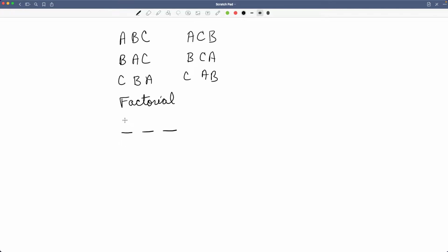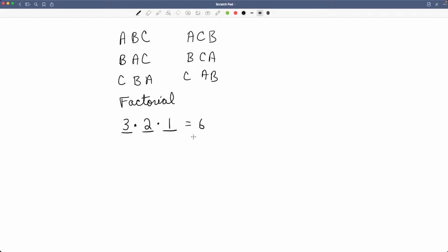In the first position, we could put any one of the 3 letters we wanted to. But then when we move to the second position, we only have 2 letters left. So we could choose either of those 2 letters. But then when we get to the last position, we only have that 1 letter left, and that's the only thing that can go there. And the way we calculate this is through multiplication. So 3 times 2 is 6 times 1 is, of course, 6.